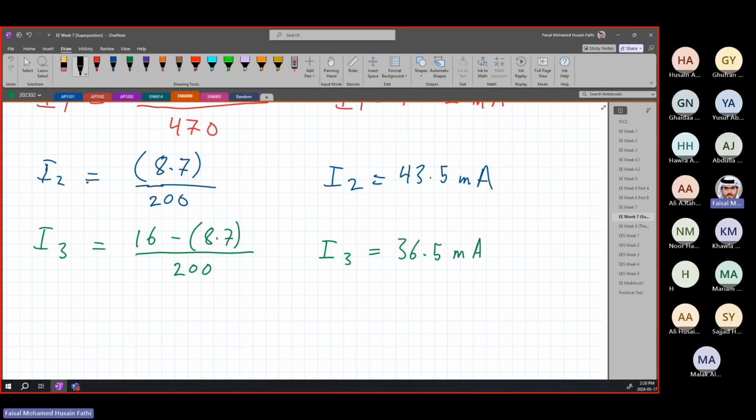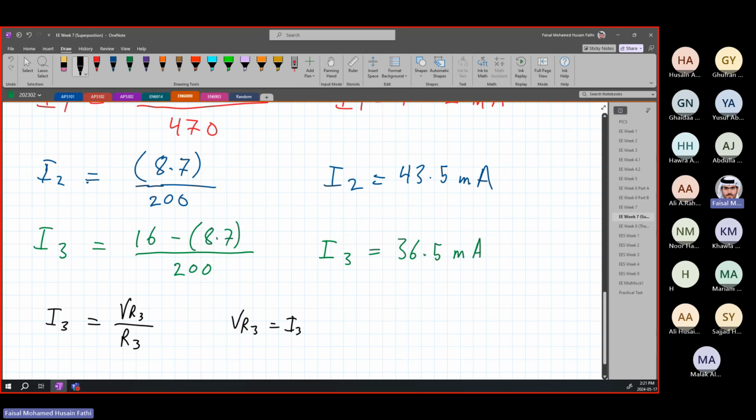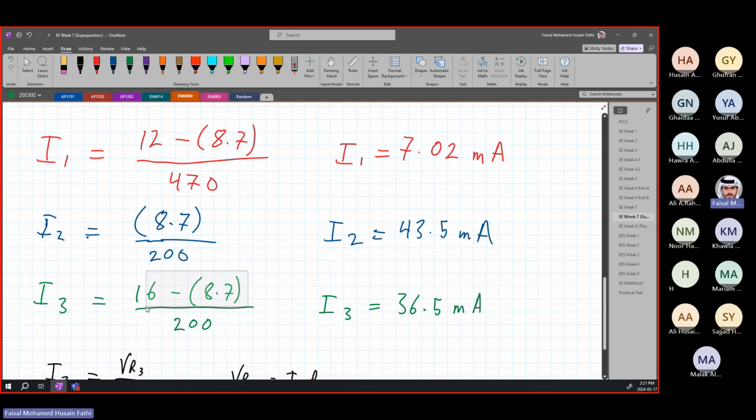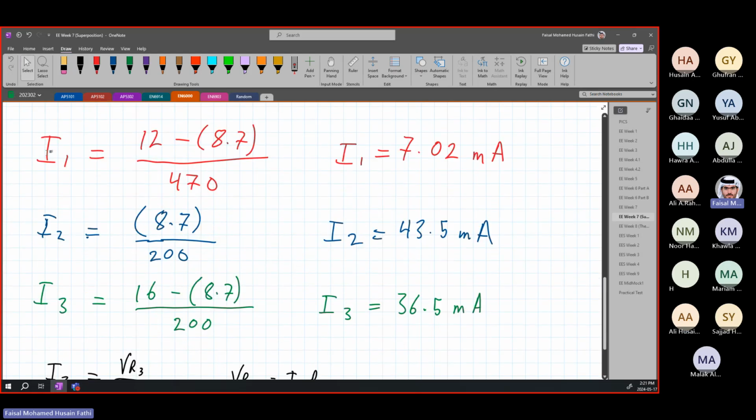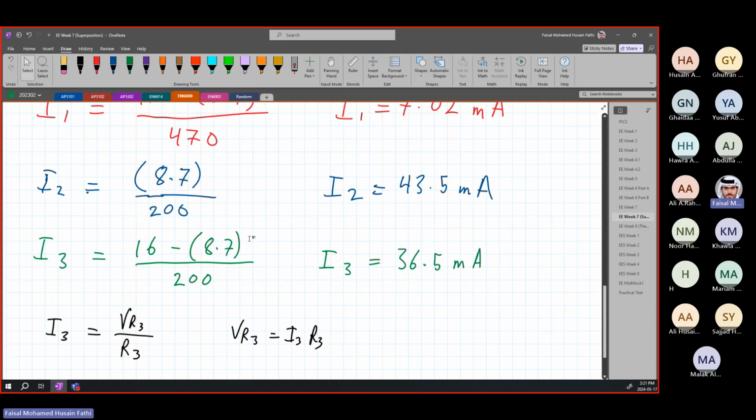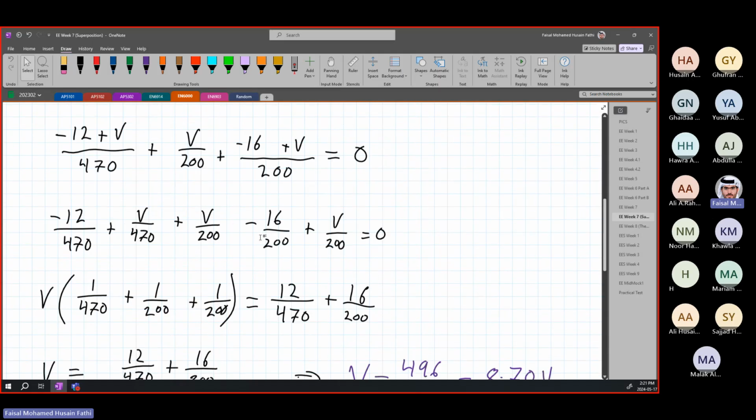Remember, I3 is equal to VR3 divided by R3, because VR3 is equal to I3 R3. Ohm's law. Okay? So if you want to find voltage drop, it's the top part. We've already done finding currents using nodal many times, and this is one method of solving.